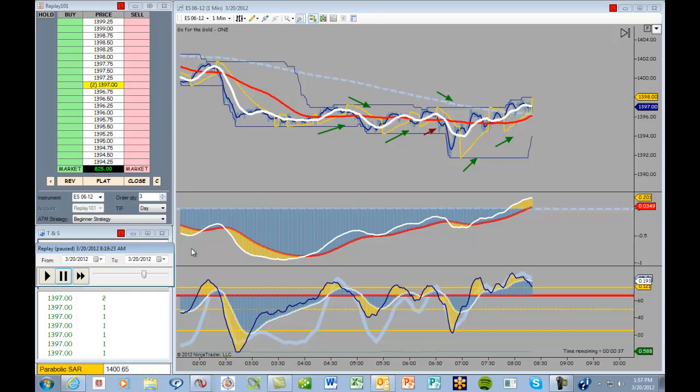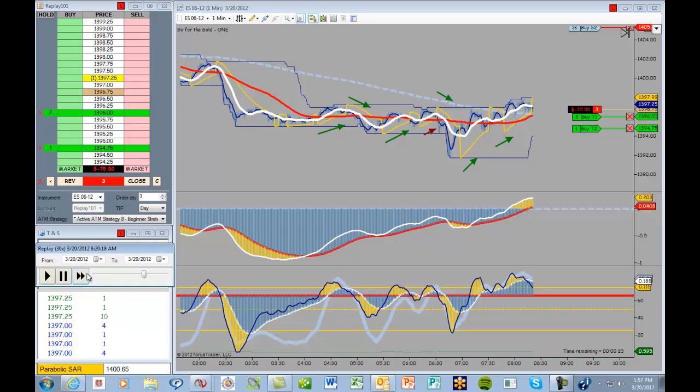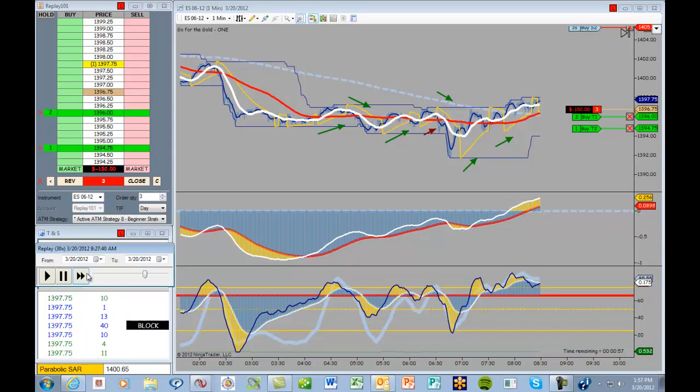All right, let's go ahead and short this thing. Look, the parabolic is bullish, but look at the short-term MACD. Blue still into the white.